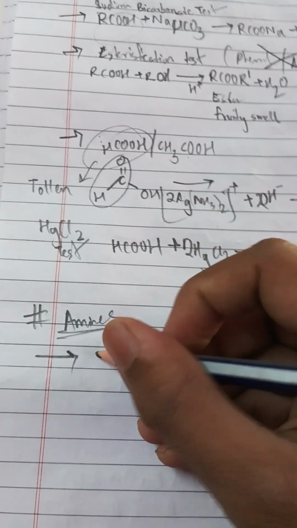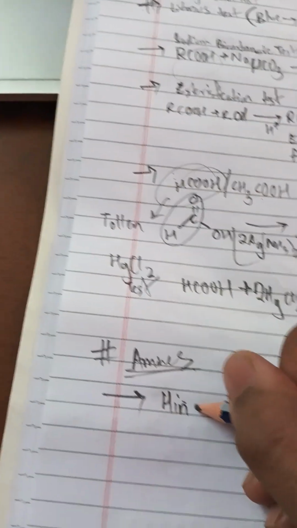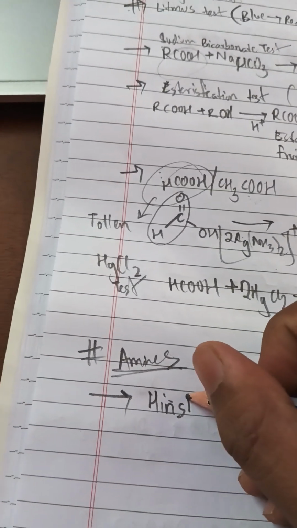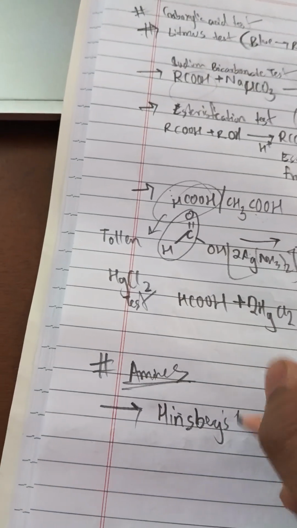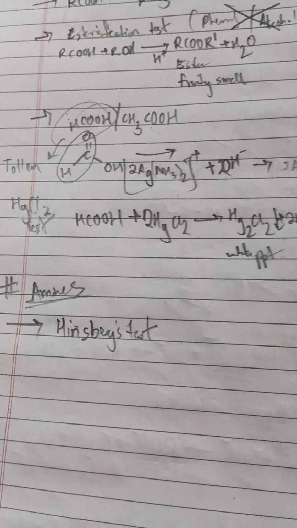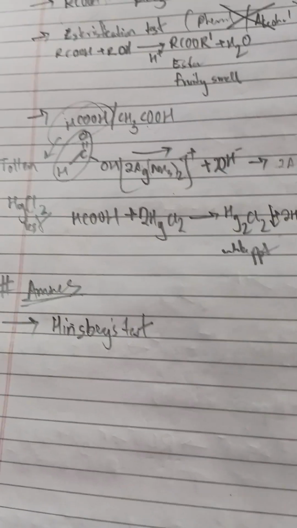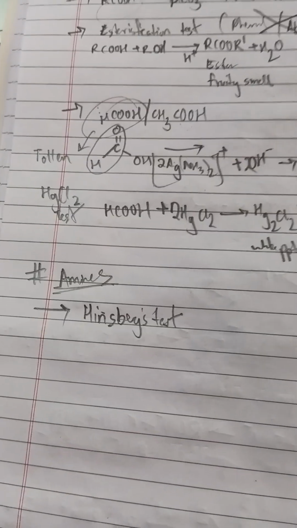So what about this? It is Hinsberg's test. So what happens, sir? In this test, the amine is first treated with Hinsberg reagent, benzene sulfonyl chloride, and then shaken with aqueous KOH solution.